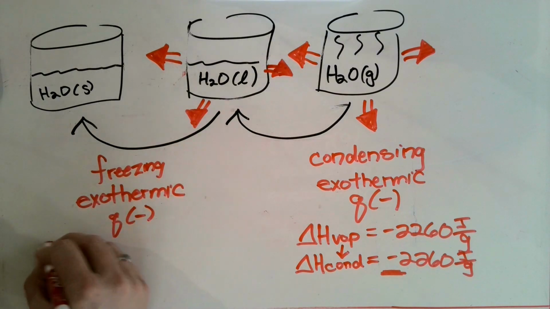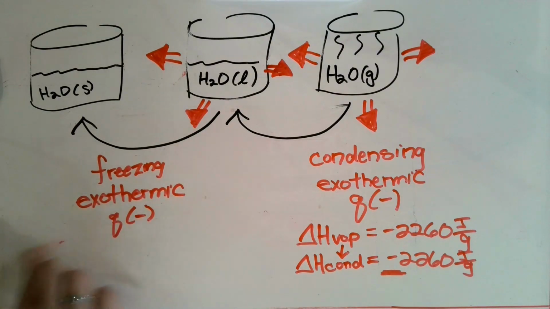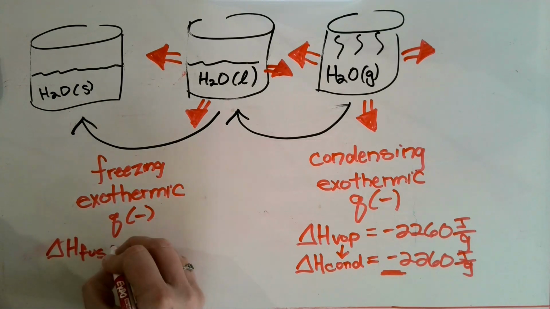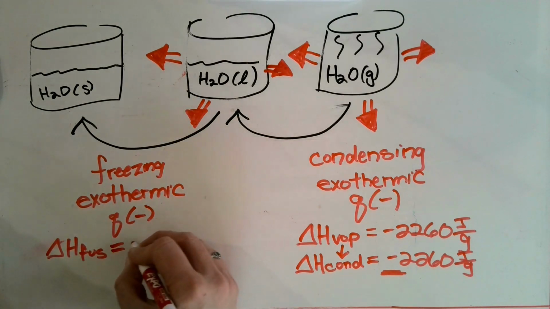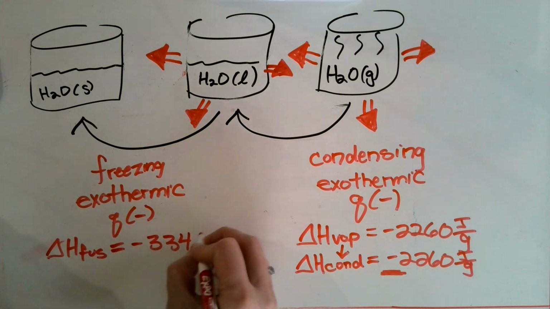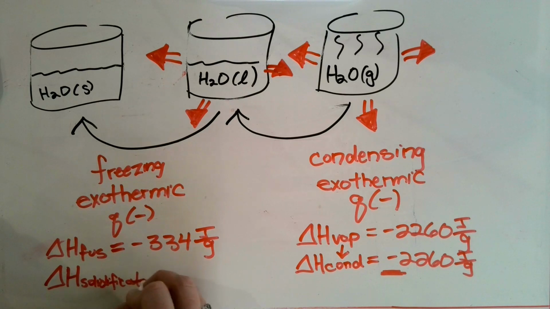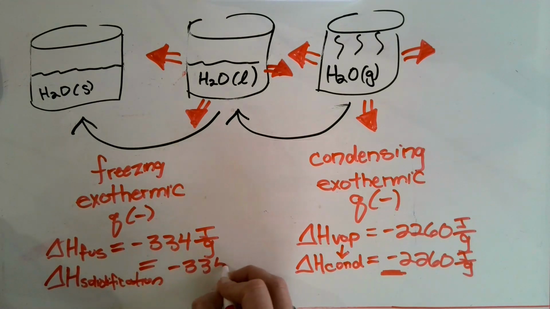And that was that same heat of fusion. And that number was 334 joules per gram. But you need to make it negative, and sometimes it's called the heat of solidification. Or you can just write heat of solid, and it's negative 334 joules per gram.